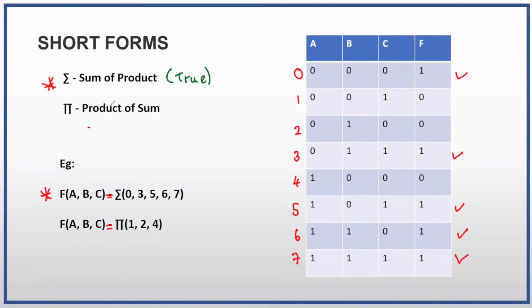Then if you consider the product of sum, there you have to consider the false values. That means 0.